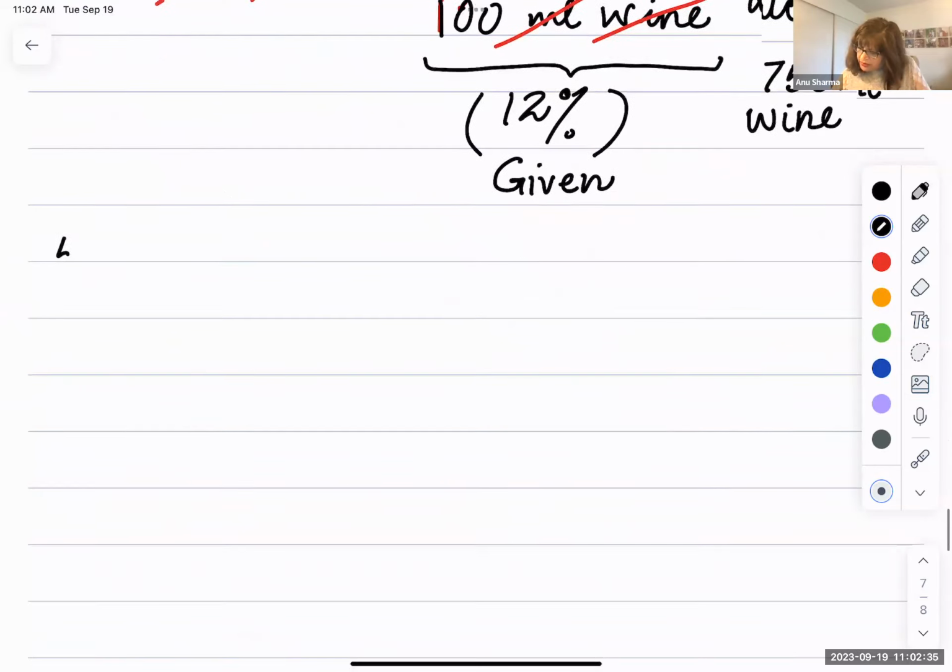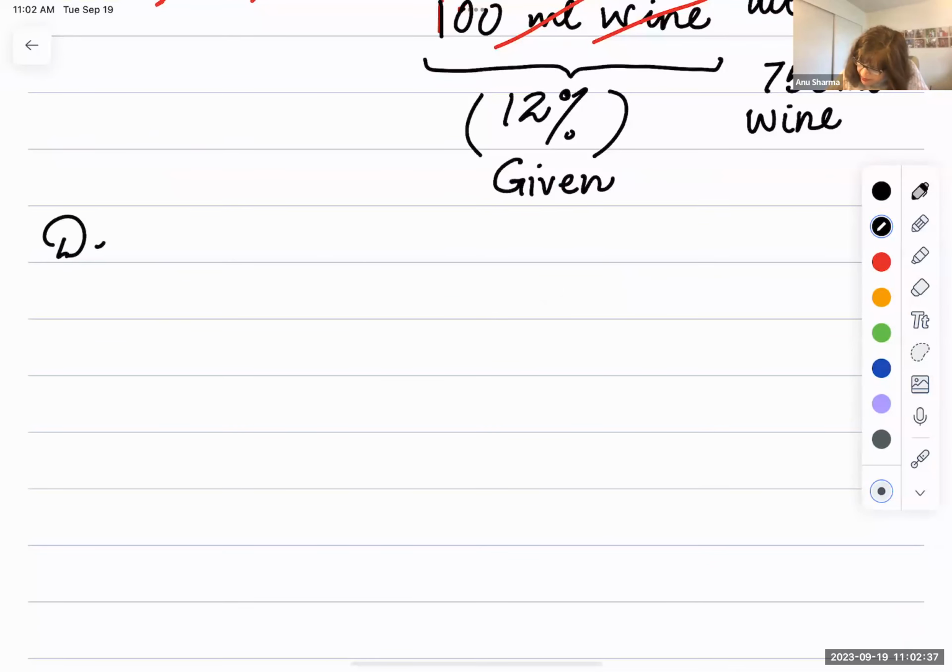Okay, let's do a density problem. Okay, here the density. I want to do one where there are some conversions.